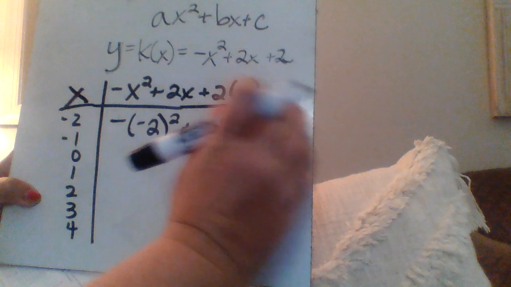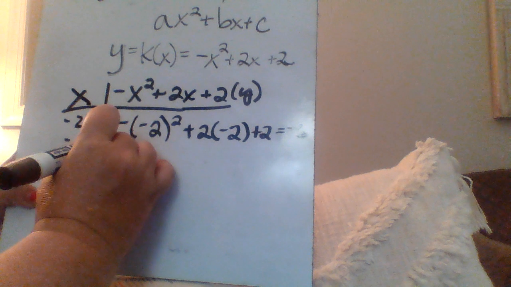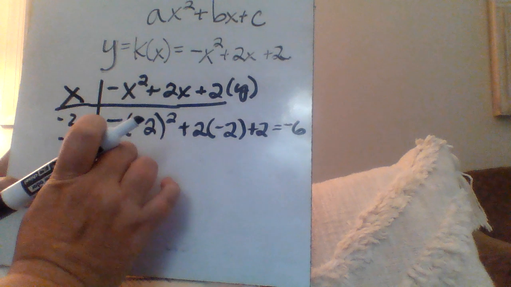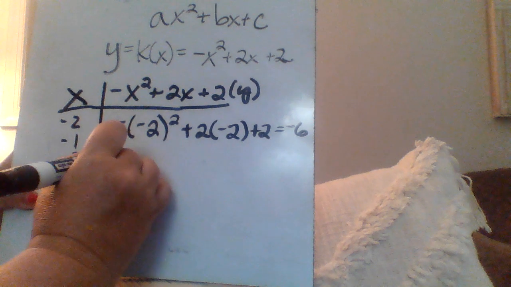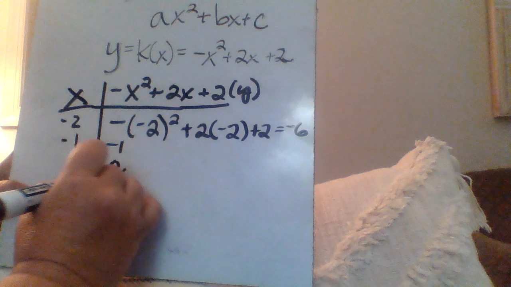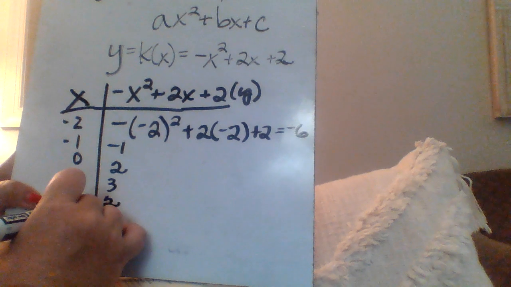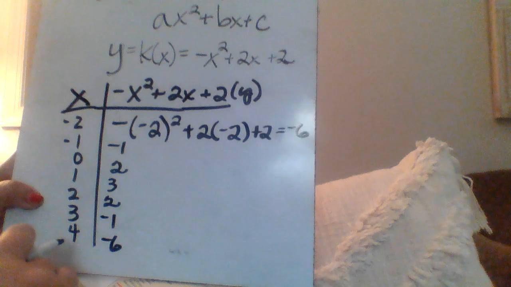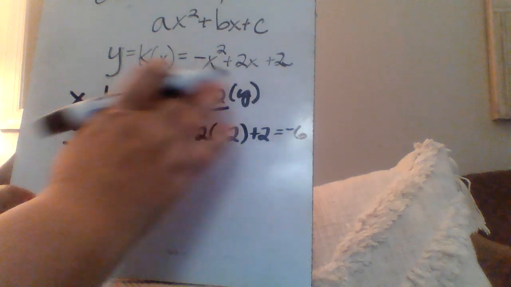If we figured all of that out, it would give us a -6. And then for -1, it would give us a -1 for y. It would give us a 2 for 0. For 1, it would give us a 3. For 2, it would give us a 2. For 3, it would give us a -1. And for 4, it would give us a -6. So these are all our coordinates for x and for y.